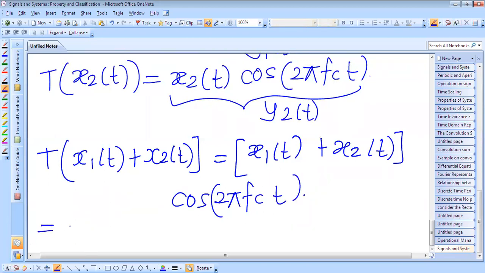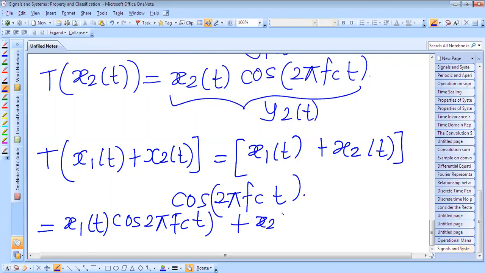If you separate this, we can write x1 of t into cos of 2 pi fc t plus x2 of t into cos of 2 pi fc t.